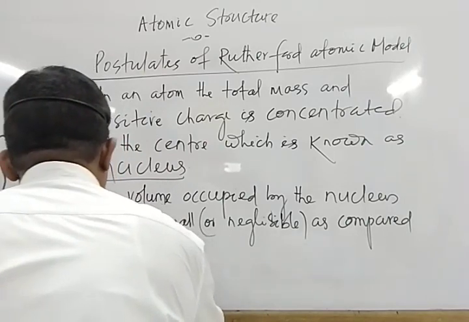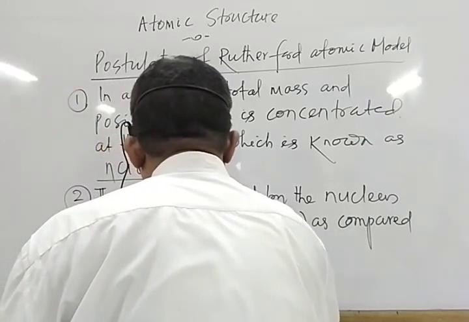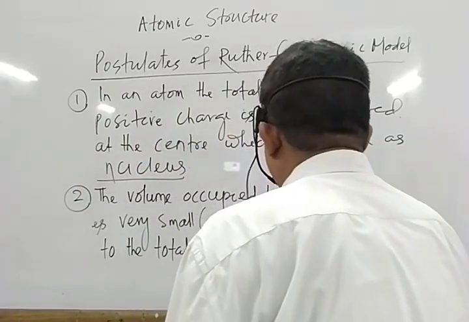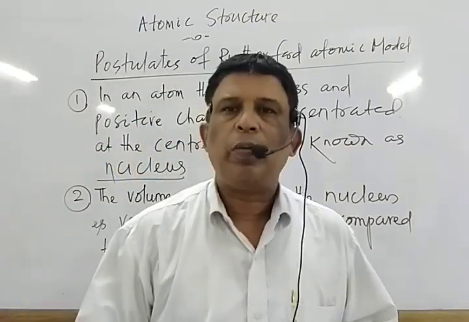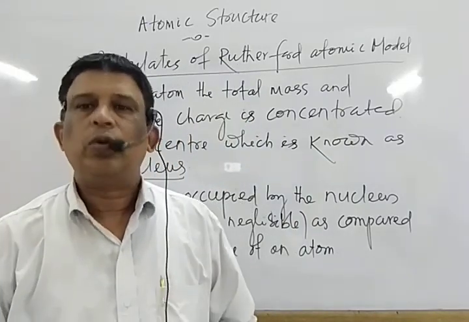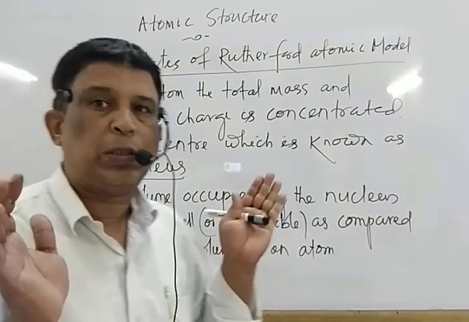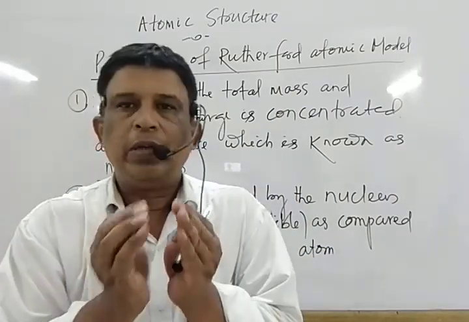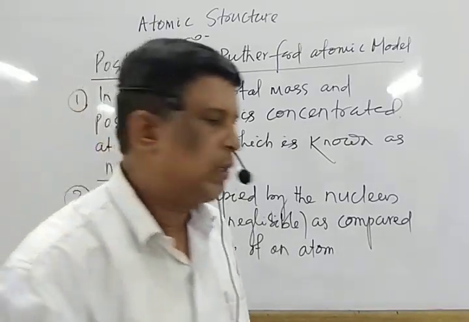Mark that. The positive charge and mass of an atom are centralized at the center, known as the nucleus, and if we compare the total space occupied by the nucleus with the total atom, it is very small, even negligible. Mark that.